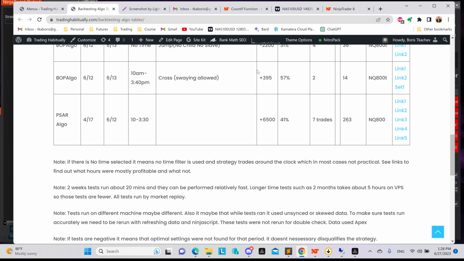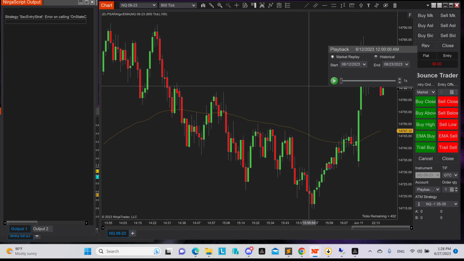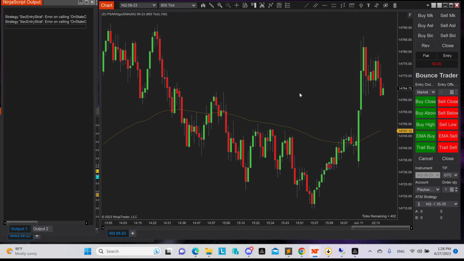Anyways, let me turn on the strategy and tell you how it works. Also, if you want to see, you can open up the output window and select the system print. It will show you what those are.